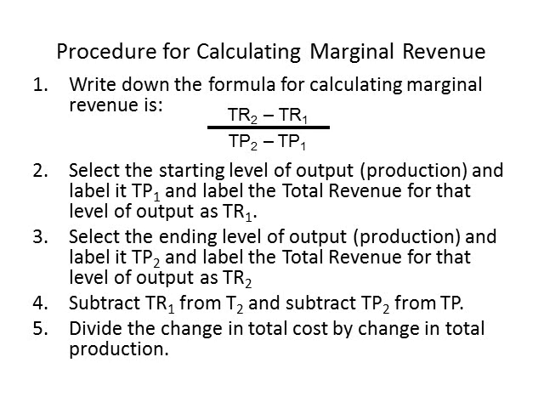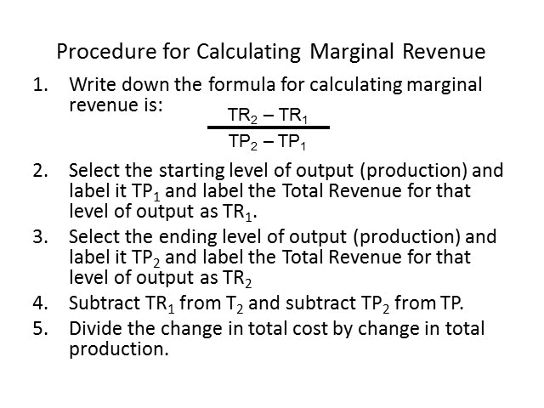Remember, the procedure for calculating the marginal revenue is: 1, write down the formula for calculating the marginal revenue. Remember, the formula is total revenue 2 minus total revenue 1 divided by total production 2 minus total production 1. Select the starting level of output production and label it TP1. Label the total revenue for that level as TR1.